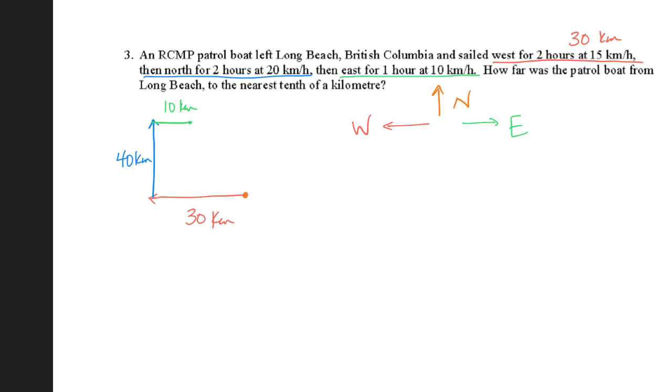Okay, the question that I've been asked to solve, and the one that I need to make sure I address, is: how far was the patrol boat from Long Beach? So Long Beach was my starting point. What I need to figure out then is, what is that length?